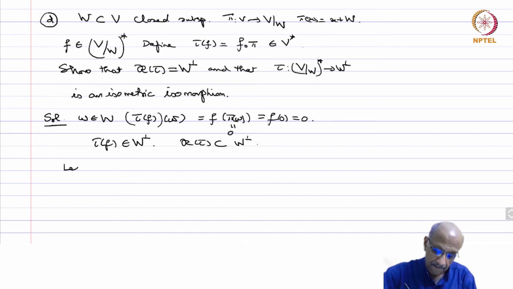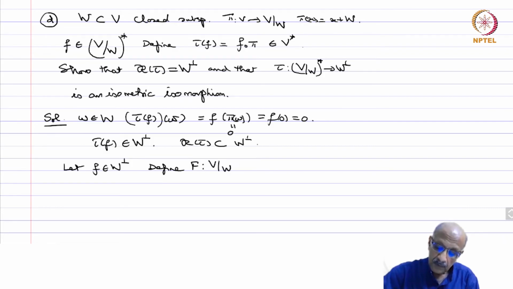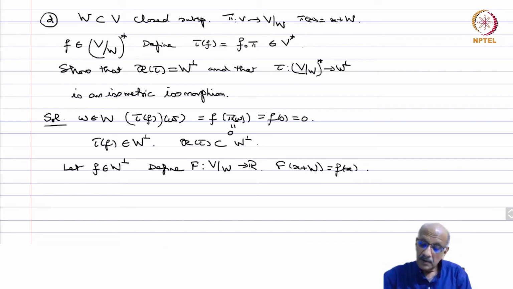Now let f belong to W perp. We want to show that it is tau of something. So you define capital F from V by W to R. Namely, F of x plus W equals f of x. Now again we have to check it's well defined, because we are depending on the representative from the coset which we are taking, and we have to show that it is the same.